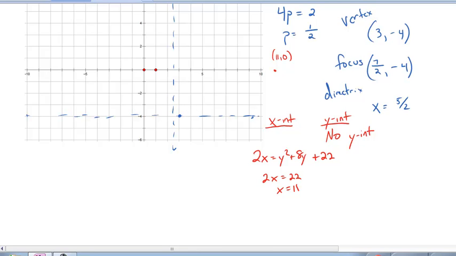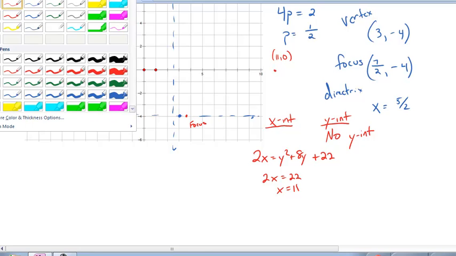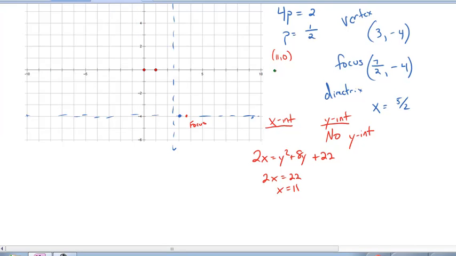So I'm going to change the color that I'm using. This is the focus, right there. Let me make that in green. I'll make it clear that that's the graph itself. And because we know it's symmetric, we could also go down in the other direction, and we'd know that there's another point at 11, and what would probably be 11 minus 8, and that would be down here.